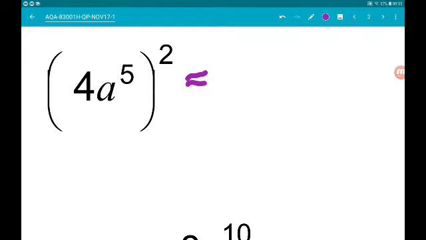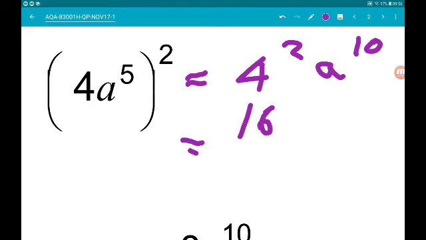The power on the outside affects all of the parts. So we're going to get 4 squared, and then when indices are separated by a bracket, they multiply together. So we're going to get a to the power 10. So that gives us 16a to the 10.